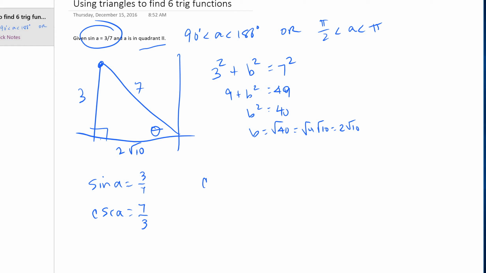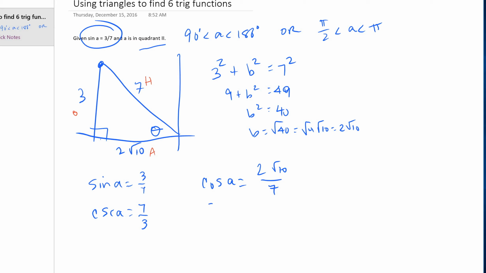Let's find cosine. Cosine, I need to know what the opposite side is and what the adjacent side is and all that stuff. So here's the opposite, here's the adjacent, and here's the hypotenuse. So now that I know that, I can say that cosine is the adjacent, 2 square root of 10, over the hypotenuse, 7.